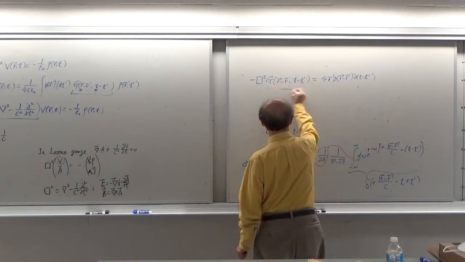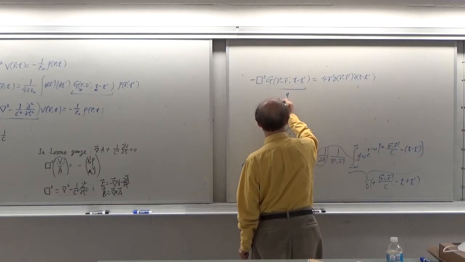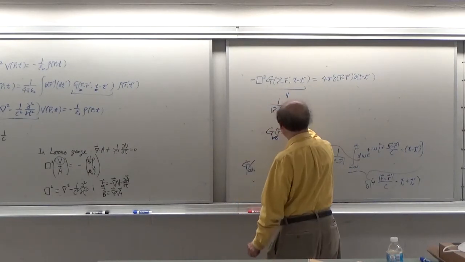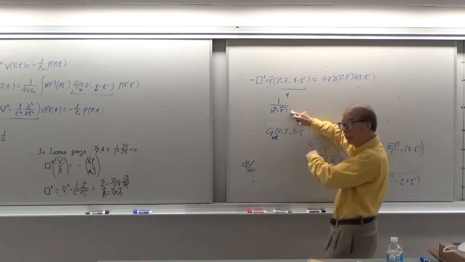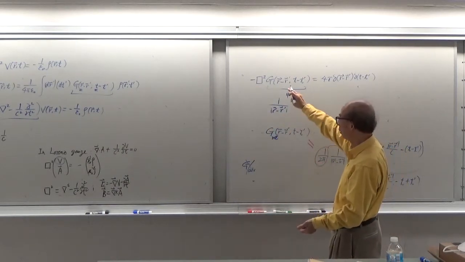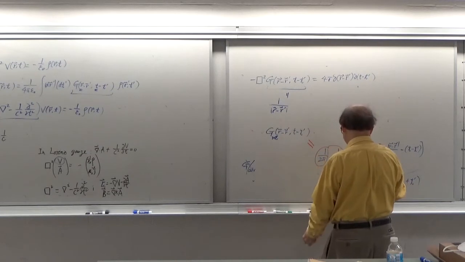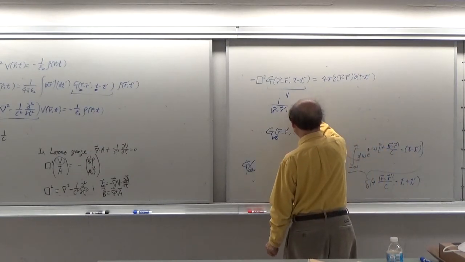So the retarded Green's function is equal to 1 over R minus R prime, which, by the way, is the solution for the three-dimensional Green's function, not the four-dimensional Green's function. That's an extra factor of delta function.